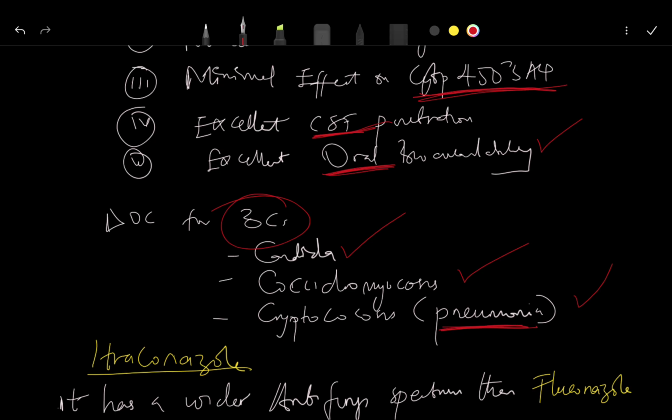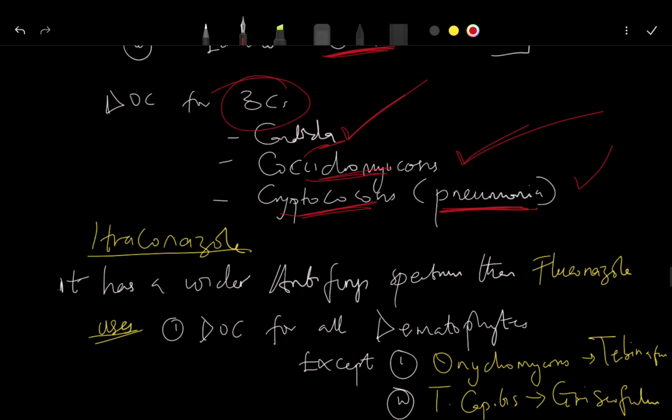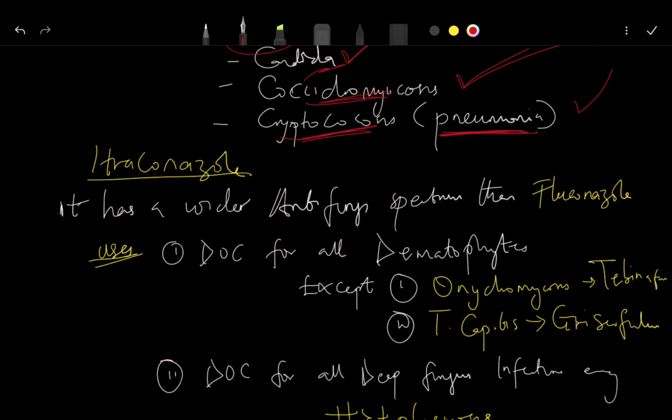But in that initial phase where it causes pneumonia, the drug of choice is fluconazole, together with Candida infection and coccidioidomycosis. So take note of that: Candida, coccidioidomycosis, and cryptococcus.